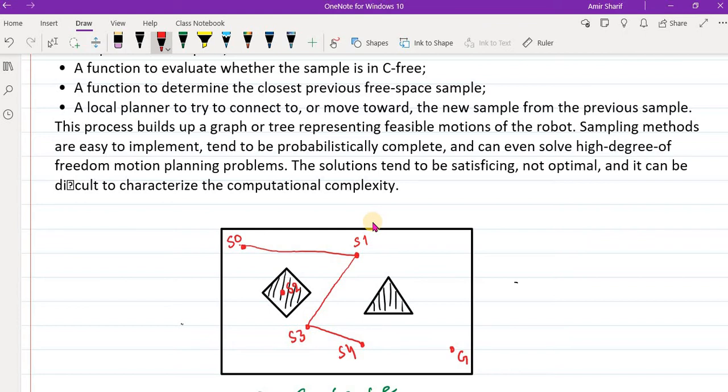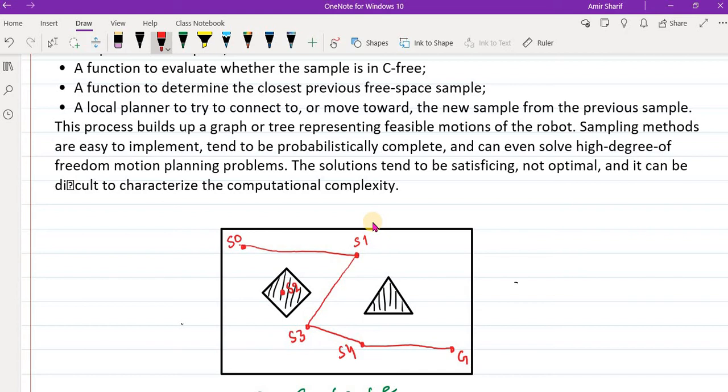And similarly, after some samples, we stop the sampling and we just try to connect the goal with your nearest sample. Or if your S5 is on your goal, then the algorithm will stop.